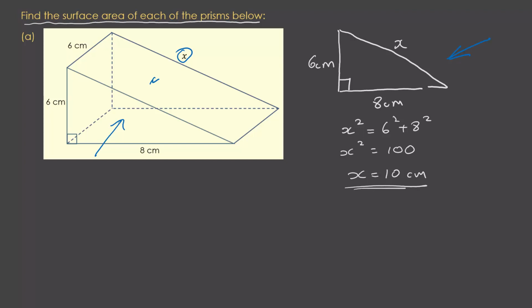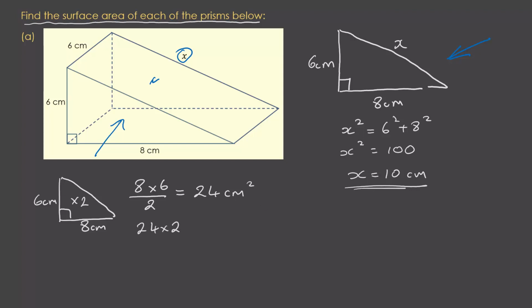So if we think about the triangular end, 8 centimeters, 6 centimeters, there's 2 of those, one at each end, and we've got 8 times 6 divided by 2, so that is 24 square centimeters. 24 times 2 gives me 48 square centimeters for the 2 triangles.